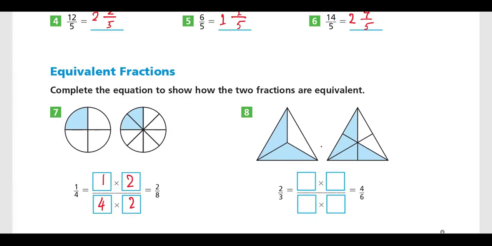So 1 times 2, multiply up by up, down by down, numerator together and denominator together. The same for 2 over 3: we multiply 2 by 2 up and down. It will be 2 times 2 is 4, 3 times 2 is 6.